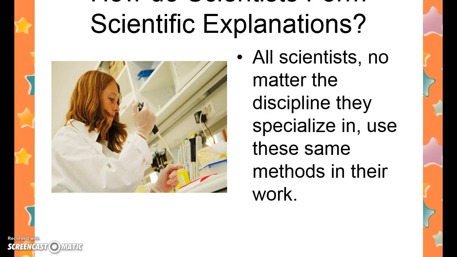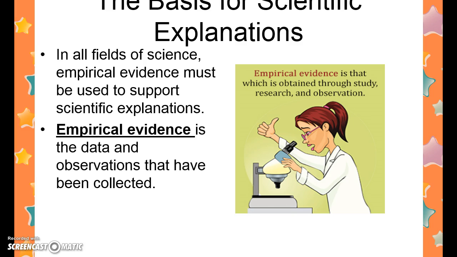So no matter what a scientist does, they're going to use the same methods in the way they approach their work. So the first thing we really need to talk about is empirical evidence. Empirical evidence must be obtained for our research or our studies to be valid. So it's all the data and observations that we collect. So all good scientific investigations need to contain empirical evidence.